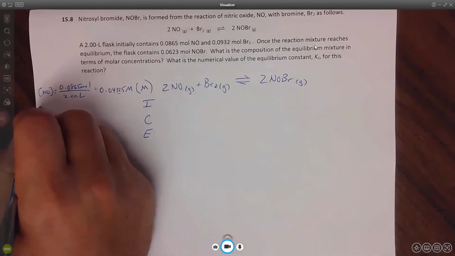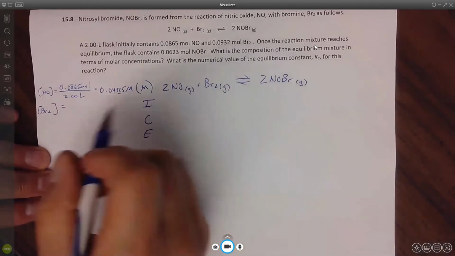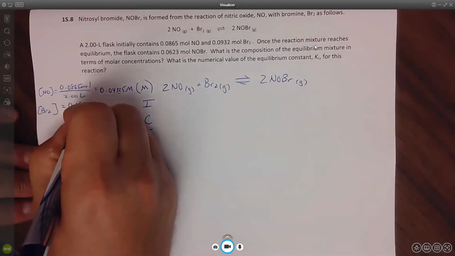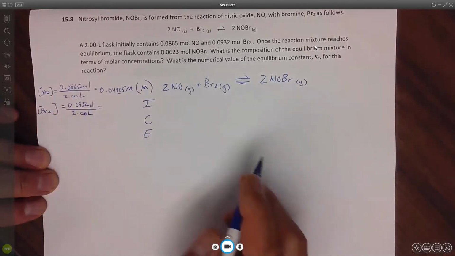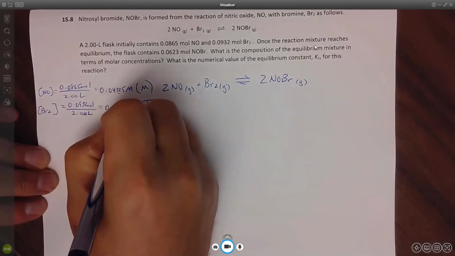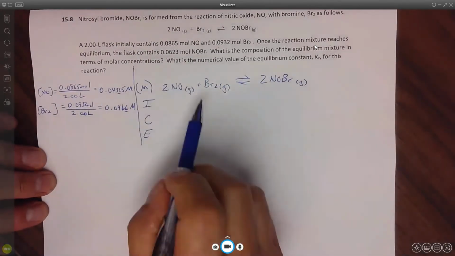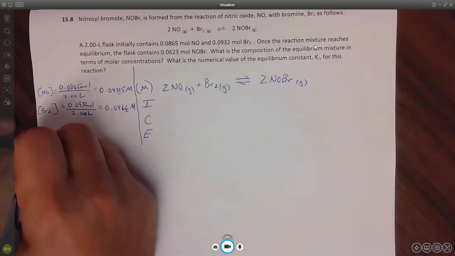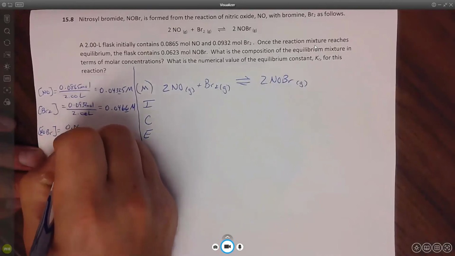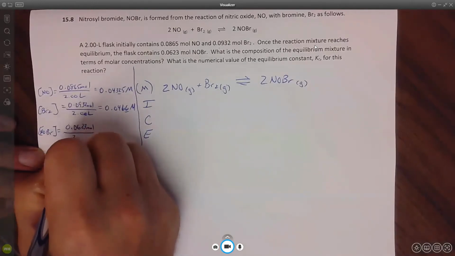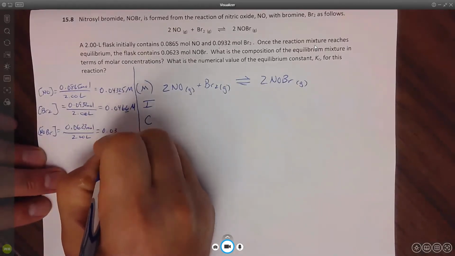For the Br2, we have 0.0932 moles over 2 liters, which is equal to 0.0466 molar. And then finally for the nitrosyl bromide, we have 0.0623 moles, again divided by the 2 liters. Since they're all in the same reaction vessel, they're all going to have the same volume. That's always going to be true.